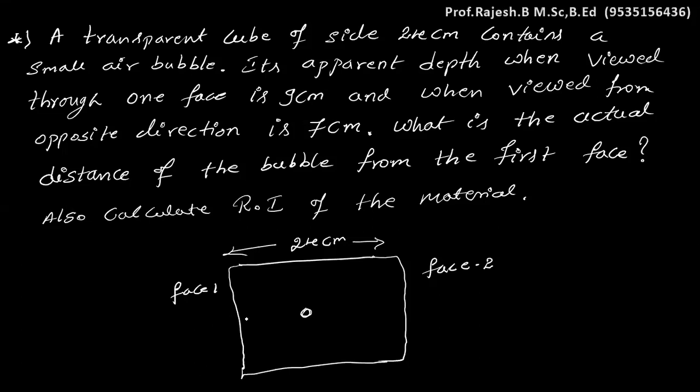So when you watch it through face one, it may appear at a distance of 9 centimeter. That is called apparent depth from the first face.